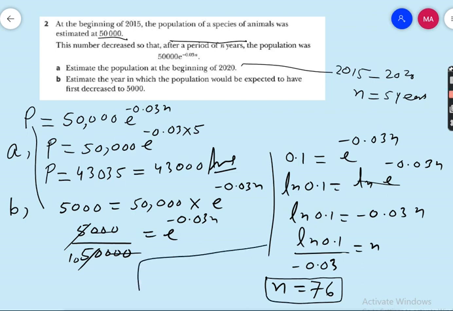But according to the question, we need to find the year. The starting year was 2015.